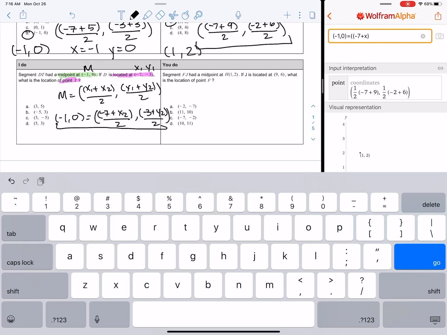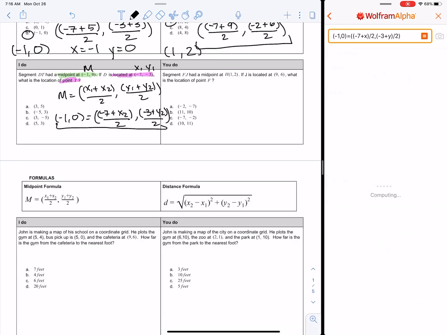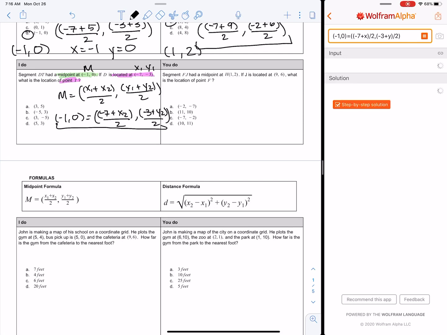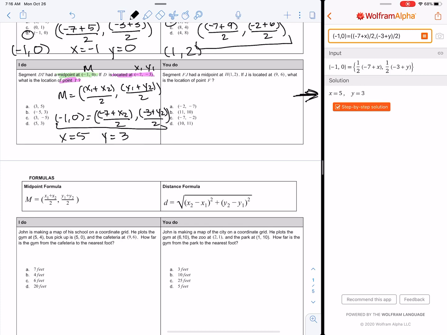We're just going to put x because there's no way to put the little 2 on the bottom, comma, -3 plus y, divided by 2, then the final set of parentheses. Our answer is x equals 5, y equals 3, so 5, 3. So my answer is A, B, C, or D? Very good, D.